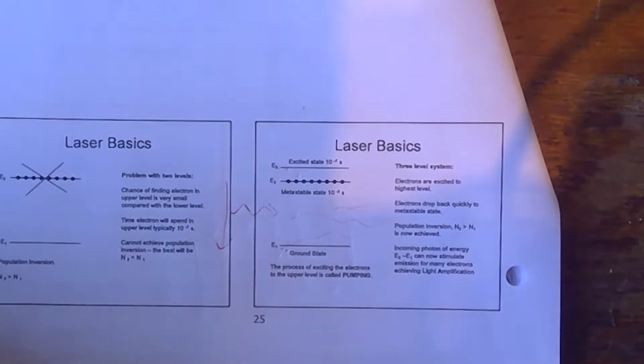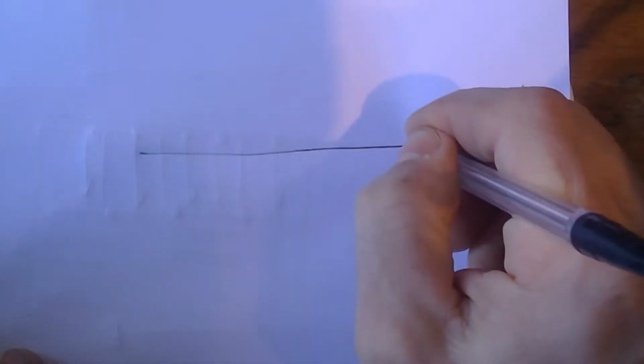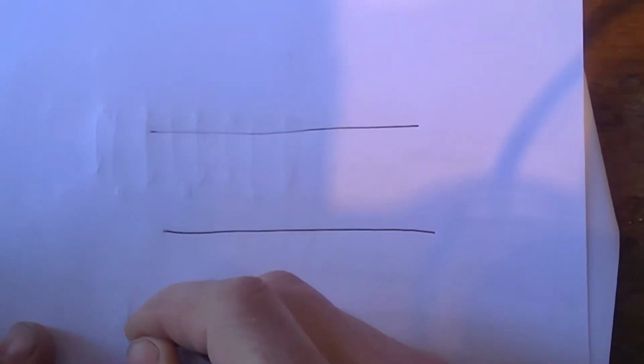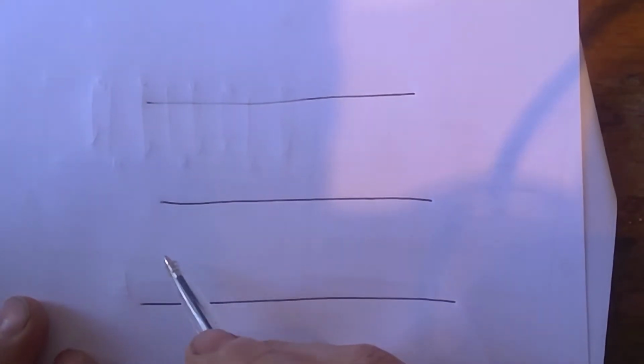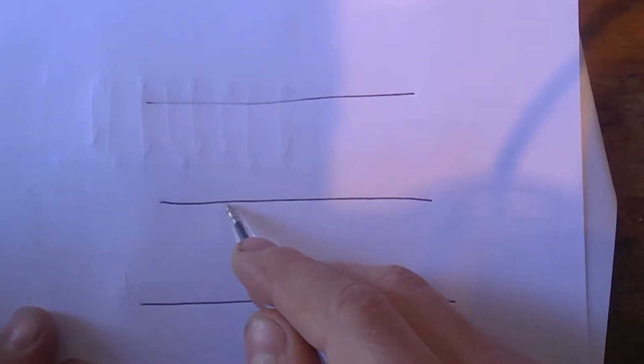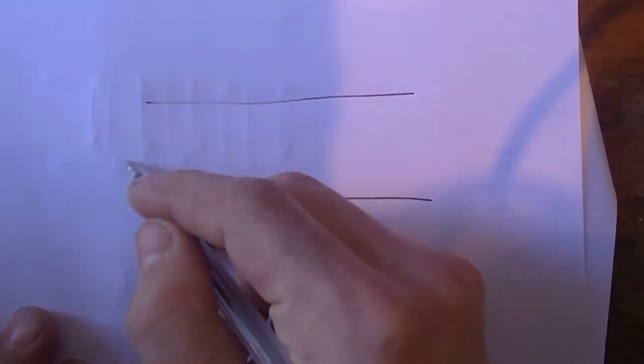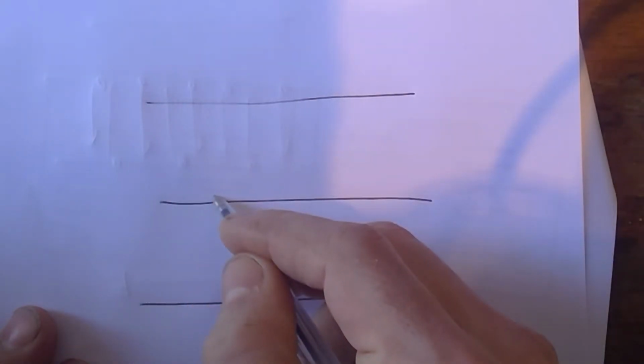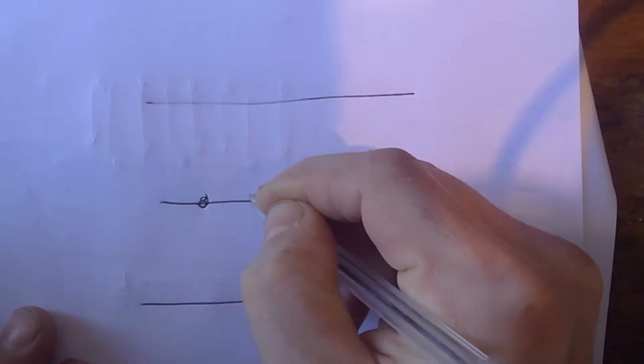There is a problem, however, with three-level lasers. That's this. We're trying essentially to put electrons into this energy level by pumping them up here and letting them drop into this energy level here.